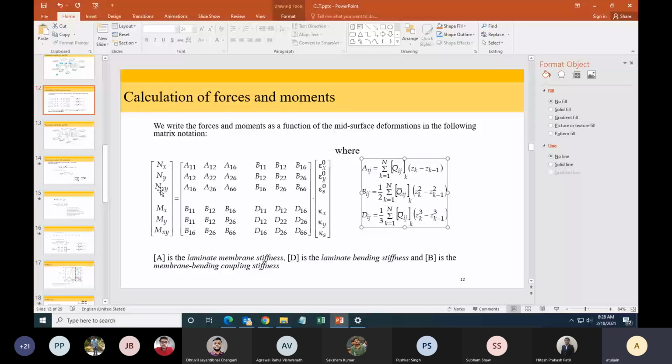Similarly, there is a one-to-one correlation between your moment M and your curvature. If my B matrix is 0, there is no correlation between the membrane and the bending coupling stiffness. This is very, very desirable. So if you apply in-plane deformation only, you expect only traction. And if you apply curvature, you expect only resultant moment.